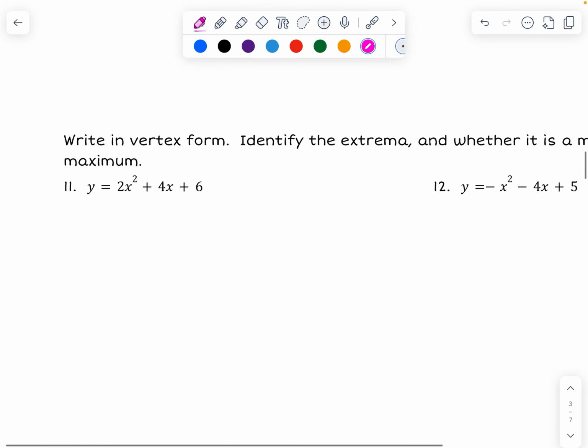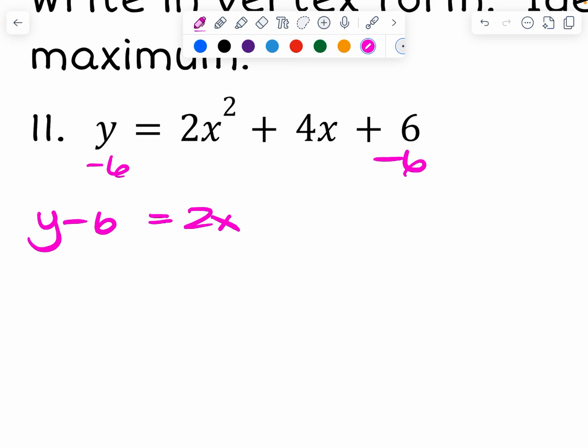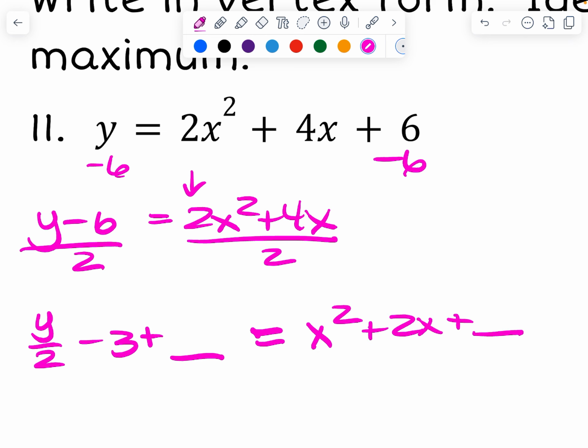Okay, this one, write in vertex form. Okay, so I have to subtract the 6 over, and I get y minus 6 equals 2x squared plus 4x. Can't have a 2 right here, so I have to divide everything by 2. So I get y over 2 minus 3 equals, oh, I should have left myself space, plus blank. Then I'm going to get equals x squared plus 2x plus blank.